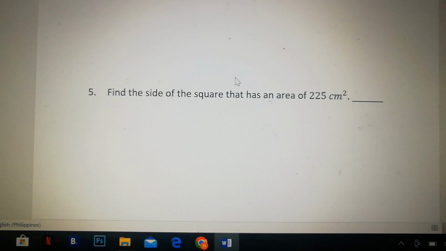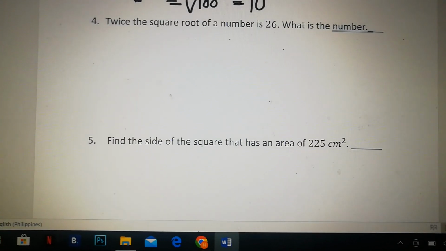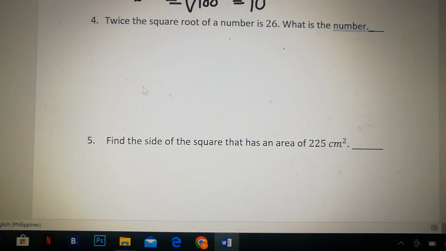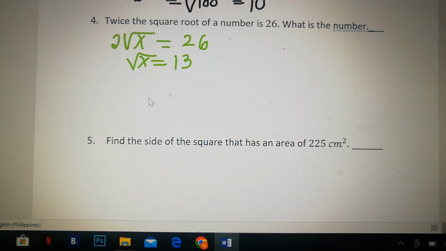Next is: twice the square root of a number is 26. So twice the square root of a number x is 26. What is the number? So divide both sides of the equation by 2. So square root of x equal to 13. That is the resulting equation.